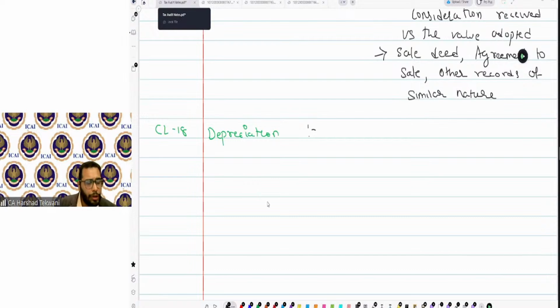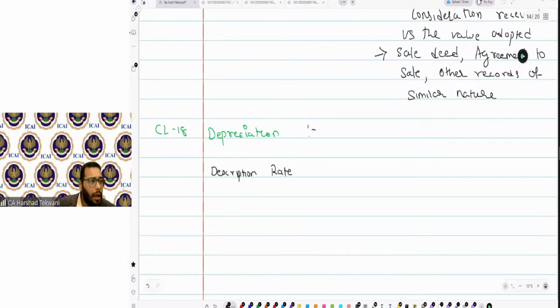That is, how do you report this particular clause in the utility, or in your tax audit report? Basically, you provide description of asset, then you provide rate of depreciation. What is the rate?